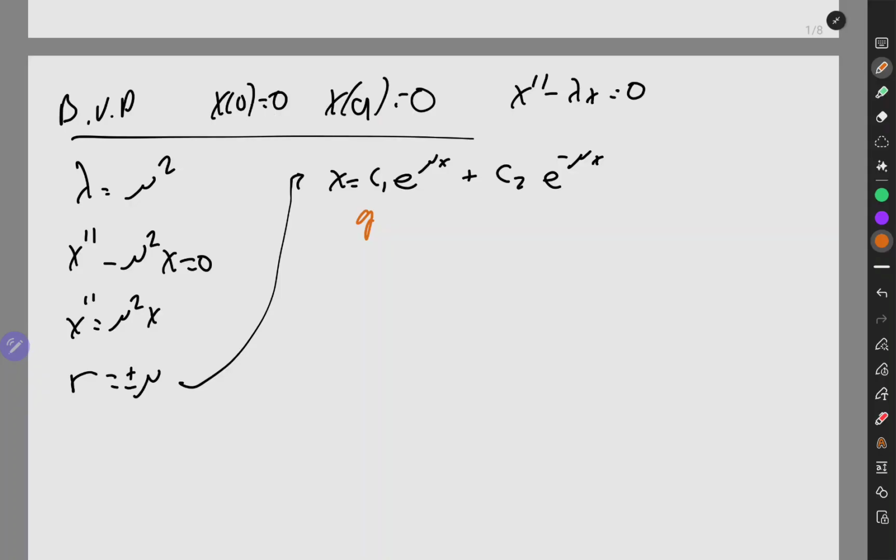Now, we know from experience that for this case, when we have Dirichlet boundary conditions, just from doing this so much, we have so much experience at this point that we know this is going to be trivial. It's only trivial. It's very important to write that down. Only trivial.